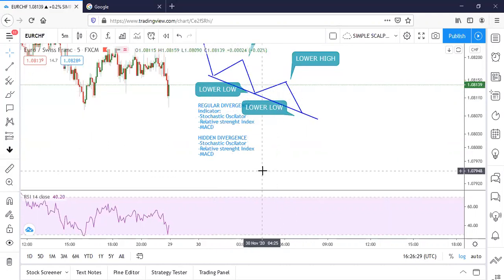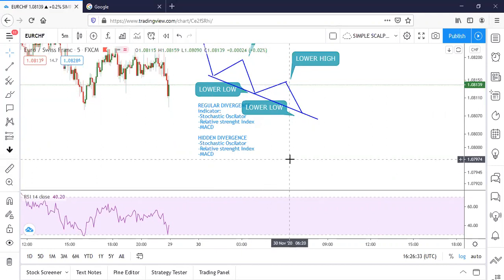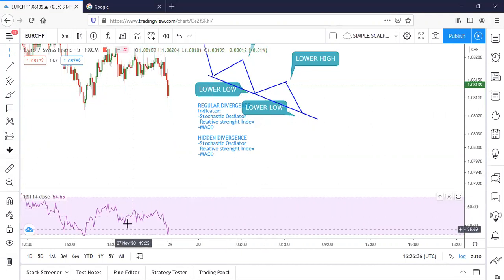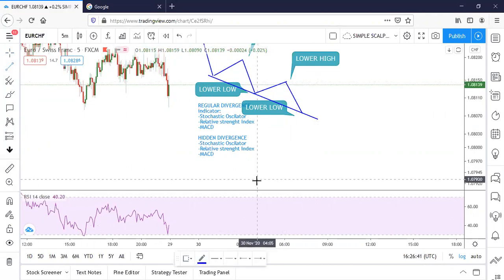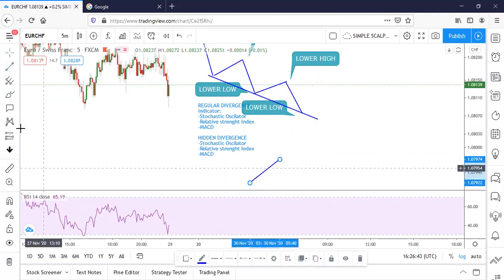Now you can see right now that the price chart is giving you lower low. You want to spot higher low on your indicator, something like this from your indicator.